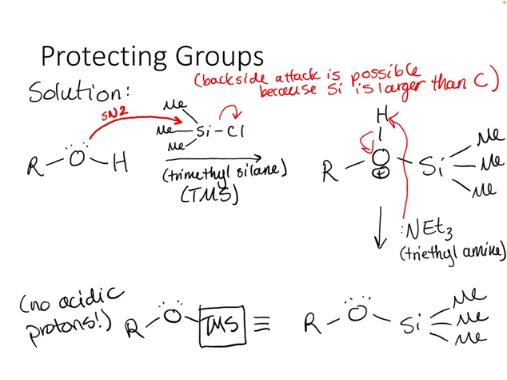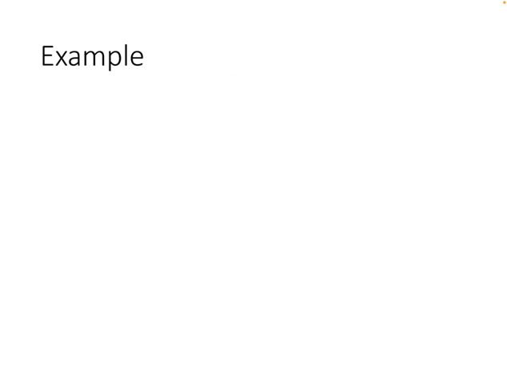Okay, so let's look at an example. And we're going to use that same example that we saw earlier. So let's rewrite that starting material. So instead of starting with the Grignard reagent, we're going to take note of that hydrogen on the alcohol and say, oh, we can't use a Grignard reagent yet. We have to block that position from the Grignard reagent.